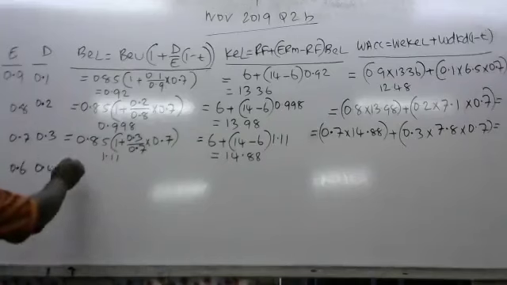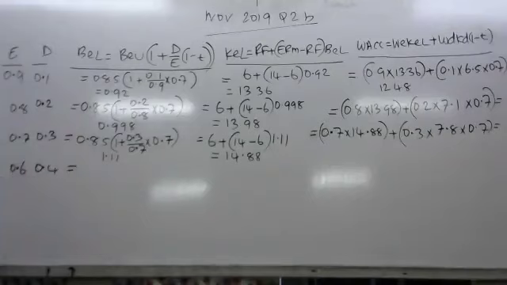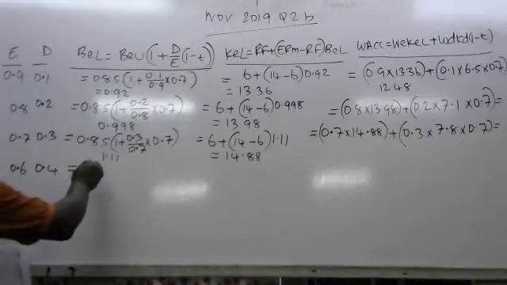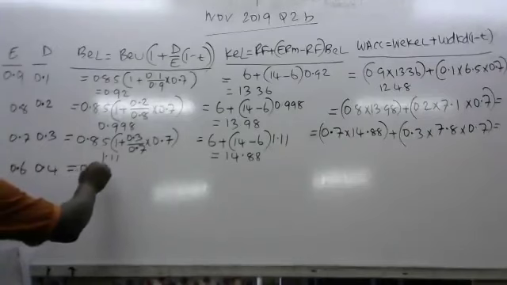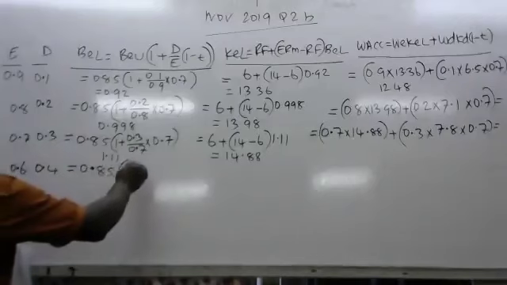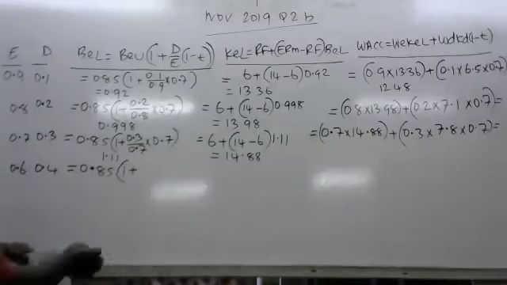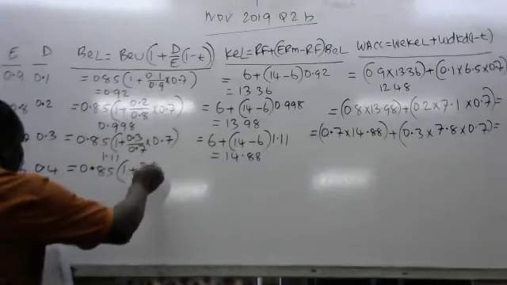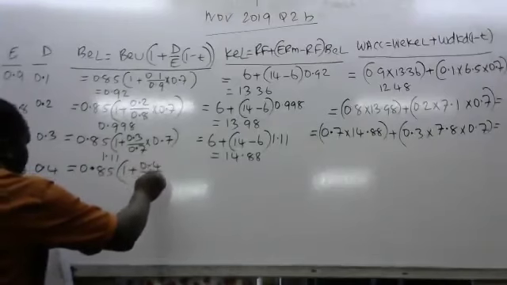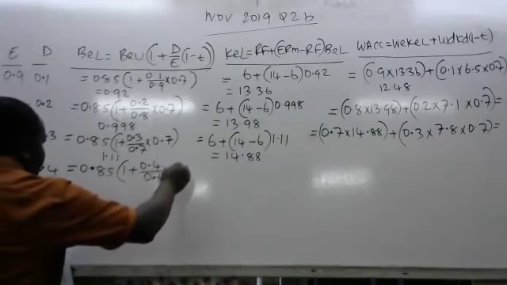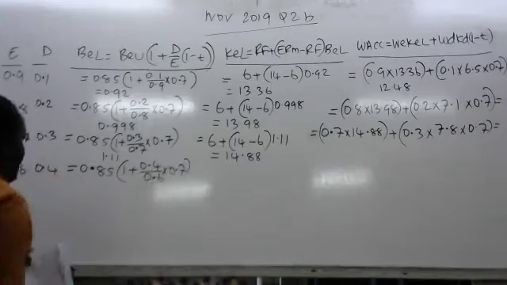So we also get to that point where you take 0.85, then 1, we add 0.4 divided by 0.6, also multiplied by 0.7.